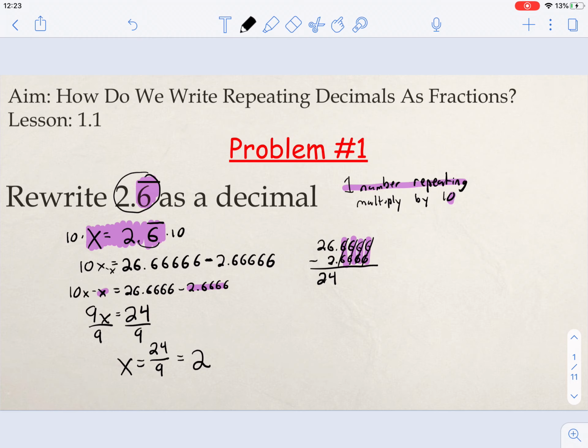So when the 9 goes into the 24 2 times, there would be 6 left over. So I have 2 and 6 over 9. Or I can simplify that even more by dividing each of these numbers by 3, to give me 2 and 2/3. So 2 and 2/3 is how I can write 2.6 repeating as a fraction.